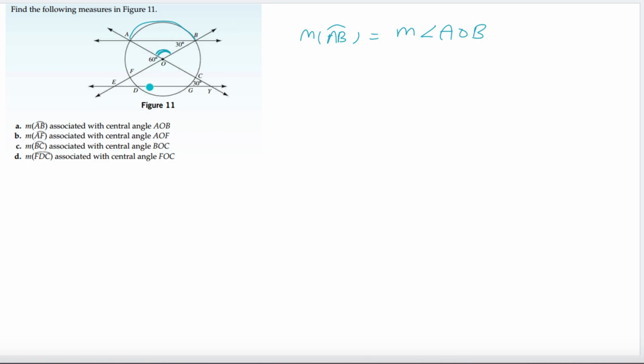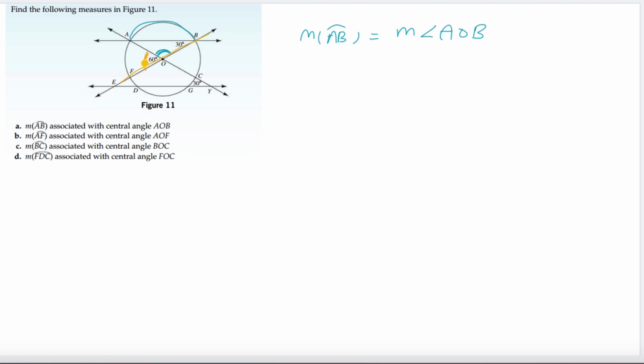Okay, how do we find it? Well, we know this side here is 60 degrees, and we also know this is a straight angle. Then 60 degrees here, and that should be supplementary to each other. Using angle addition postulate, this plus that should be this, right?